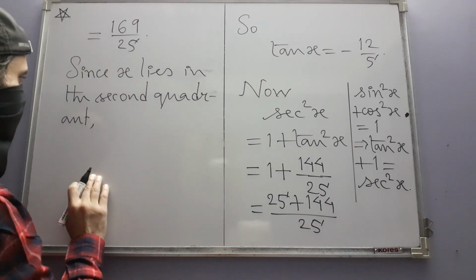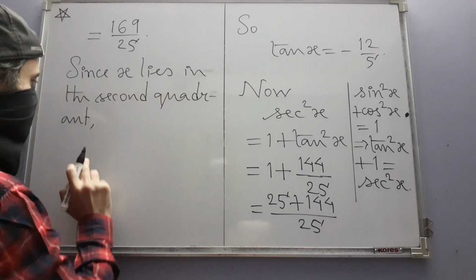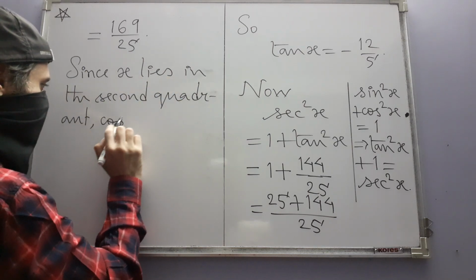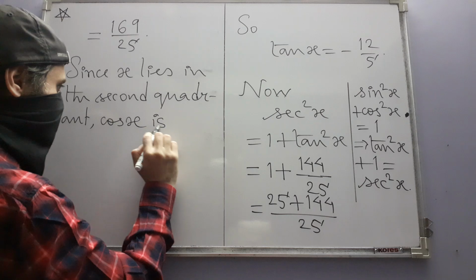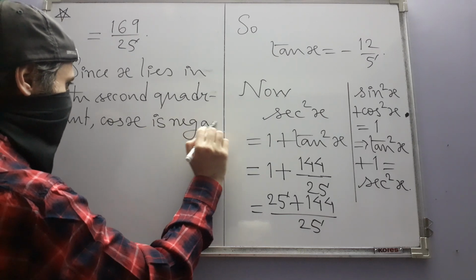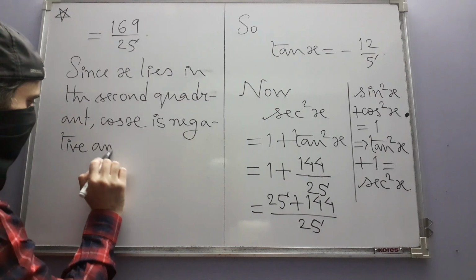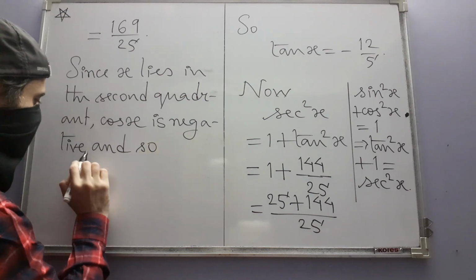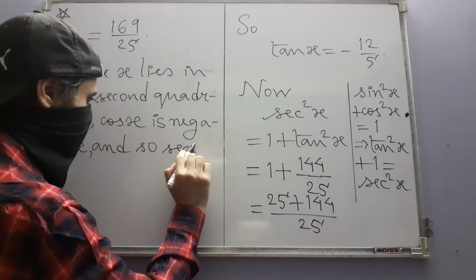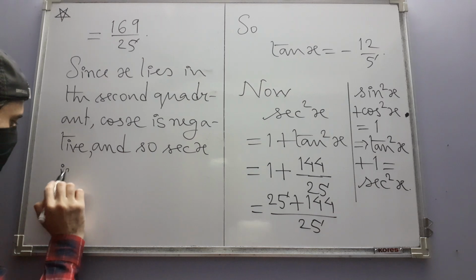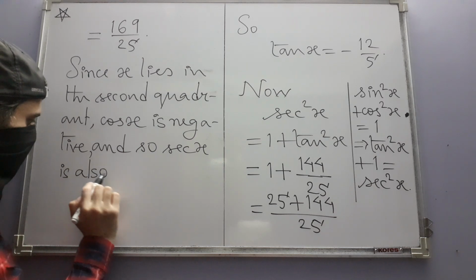In fact, you write that since x lies in the second quadrant, cos x is negative, and so secant x is also negative.